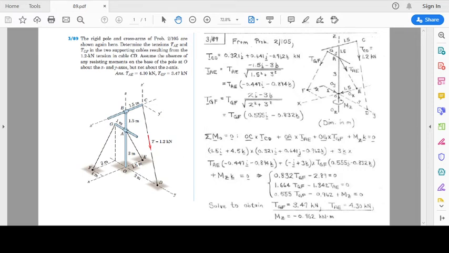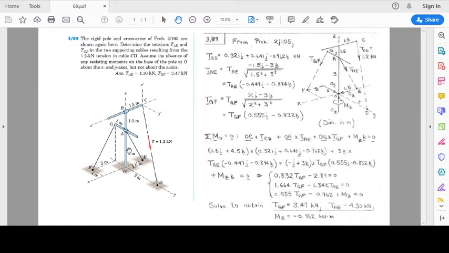So the coordinates of point A are going to be 0, 0, 3, and for point G, in addition to this 3 meter distance along Z, we are also moving in the negative y direction through 1 meter to reach point G. So the coordinates of point G are going to be 0, -1, 3.